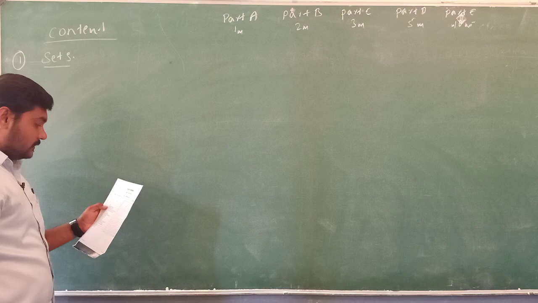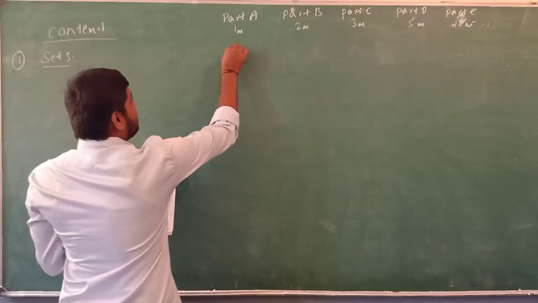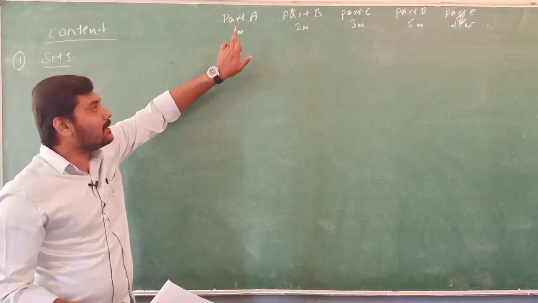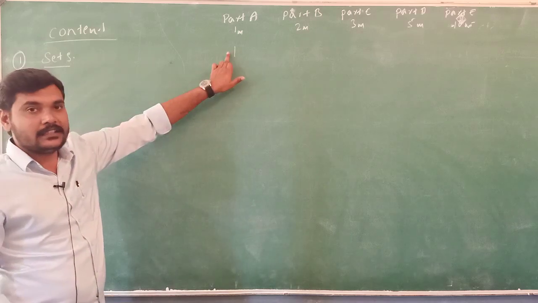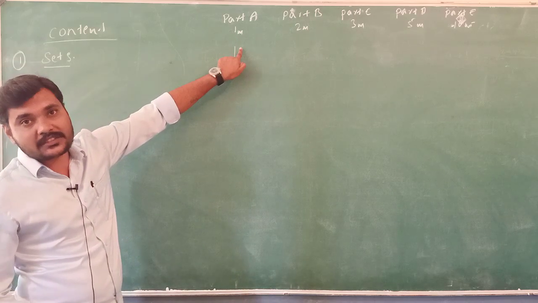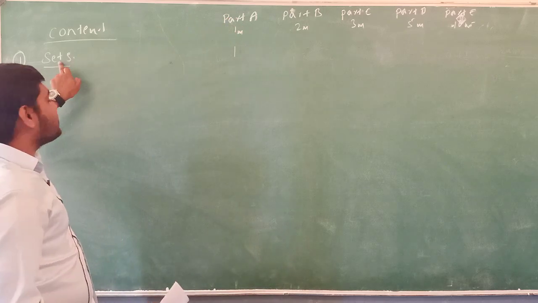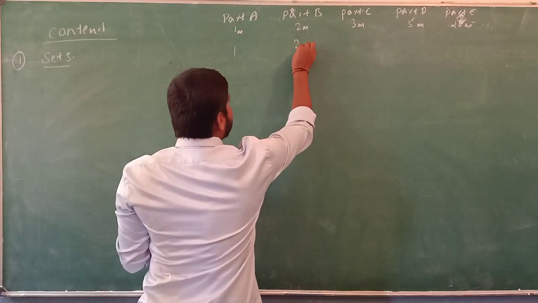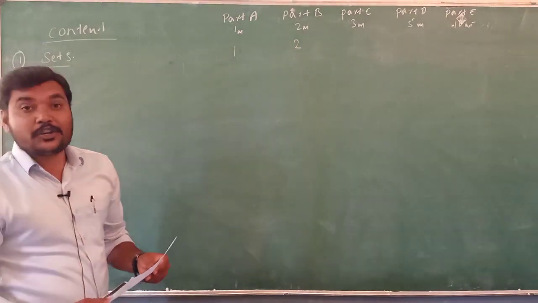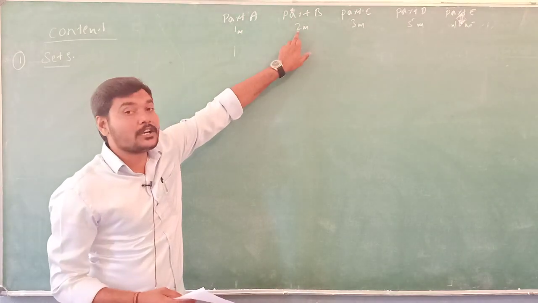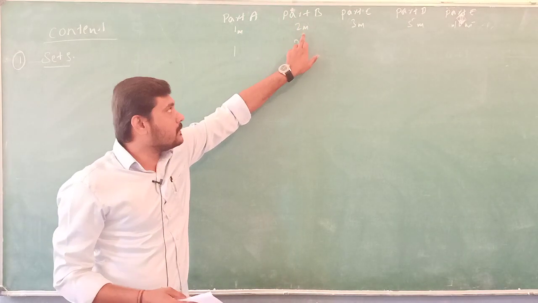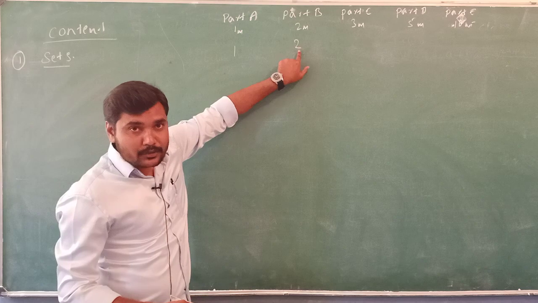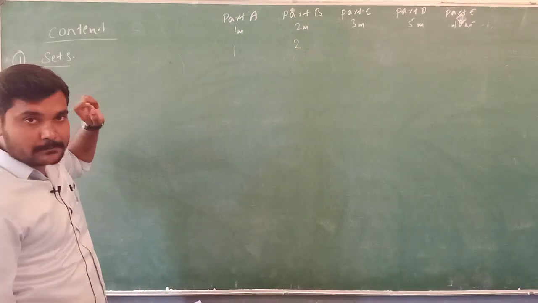In this chapter, sets, we have 1 question in part A, which is 1 mark. In part B, which is allotted for 2 marks questions, the number of questions allotted for the chapter sets is 2. Clear?